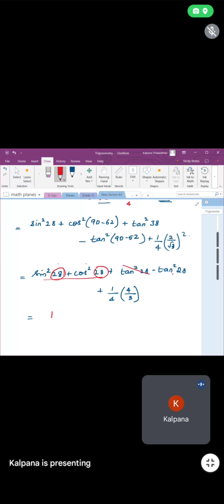Plus 4 by 4, we can cancel. So we have 1 by 3. So 1 plus 1 by 3? 4 by 3. You all understood how to solve this kind of sums? Yes, ma'am. Okay, very good.